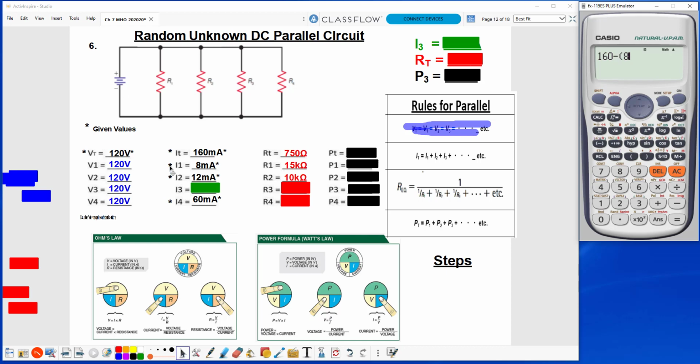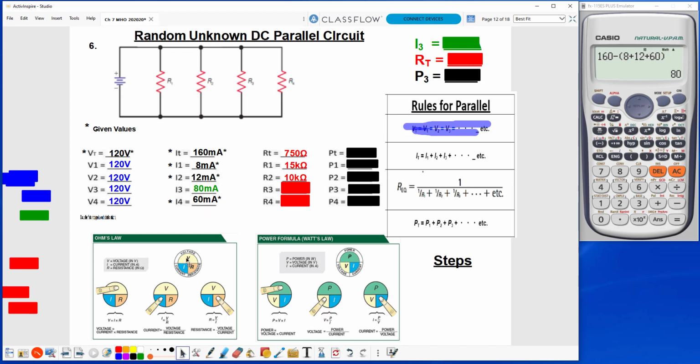So I dropped the metric prefix off the 160, and now I'm going to drop the metric prefix off of these ones I'm adding together. So here I've got 8 plus 12 plus 60, close parentheses. 160 minus 8, 12, and 60. It equals, and that gives me, it should be 80 milliamps, and it is.